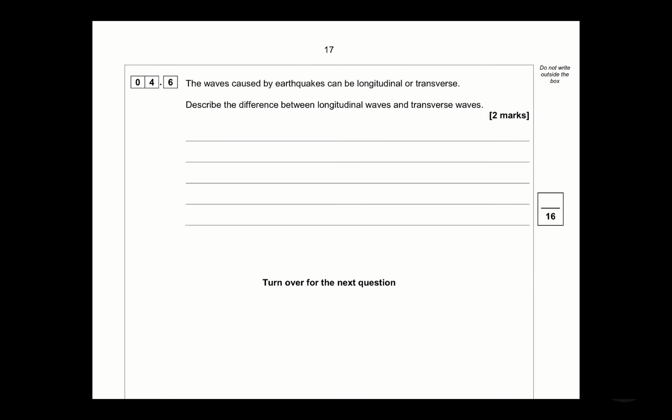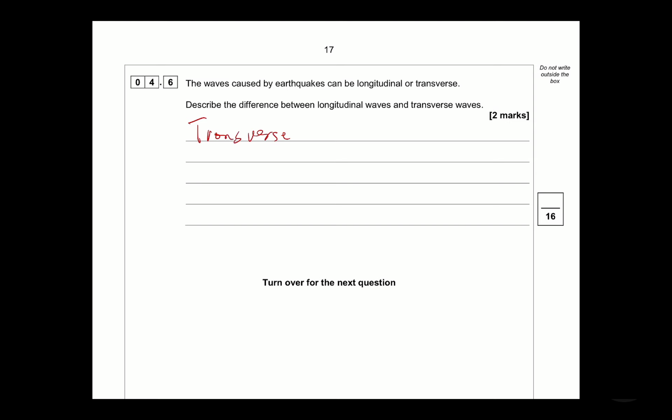Okay, and again, this is a very easy, straight up question. You've got to just know it. You have to know the definition. The A-level definition of transverse and longitudinal waves. So I would always define it like this.